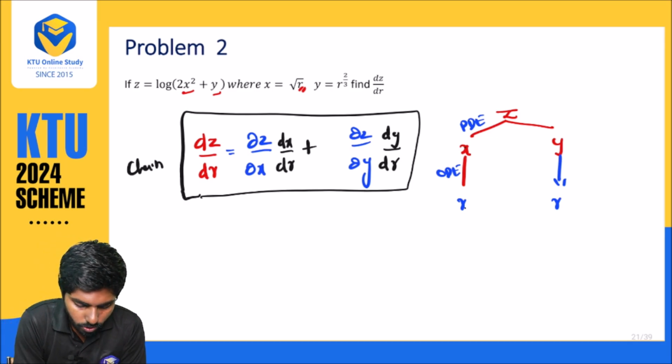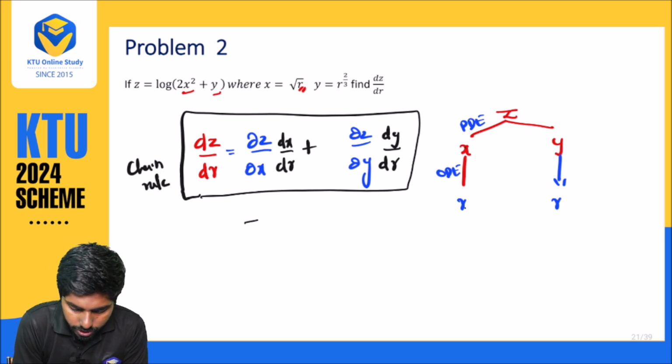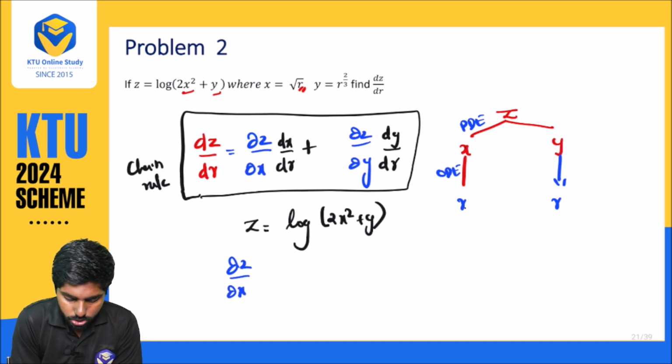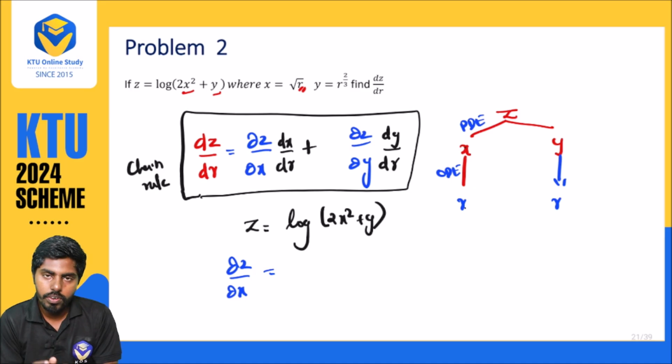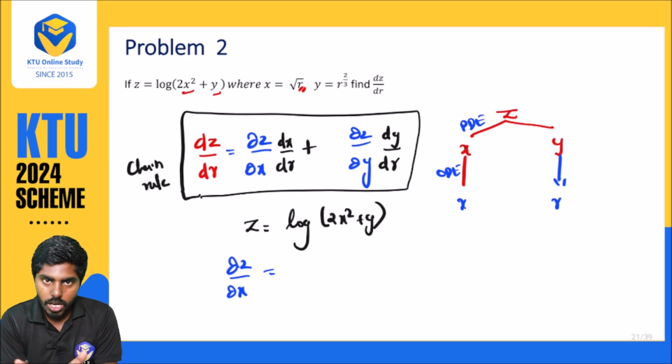So that is the chain rule formula. Z they have given: Z is equal to log of (2x square plus y). First, dou z by dou x. For log, we want to take the differentiation. Whenever a bracket is given, you want to be very careful, so we take the differentiation outside the bracket first.